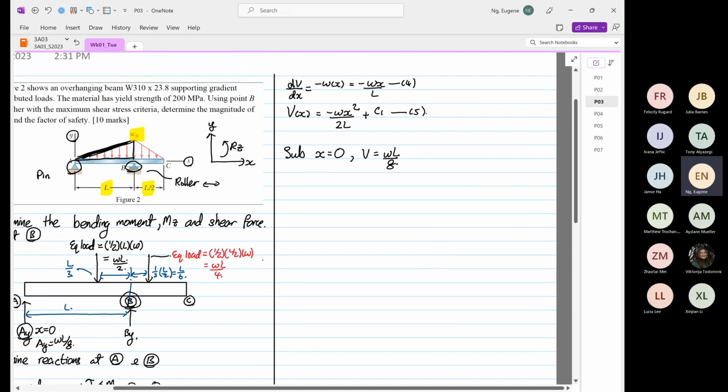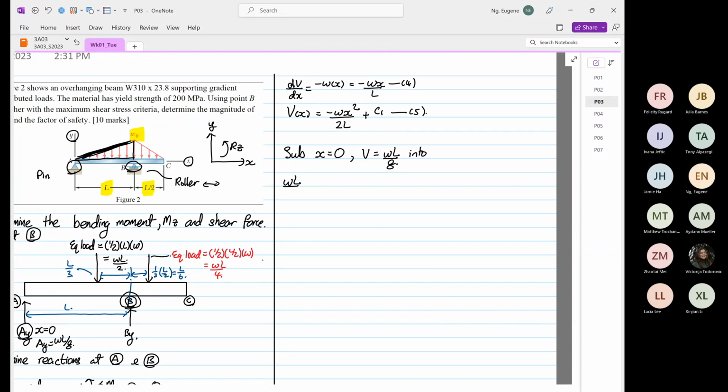We substitute into equation number 5: omega naught L over 8 is equal to minus omega naught 0 squared over 2L plus C1. We realize that C1 is equal to omega naught L over 8.